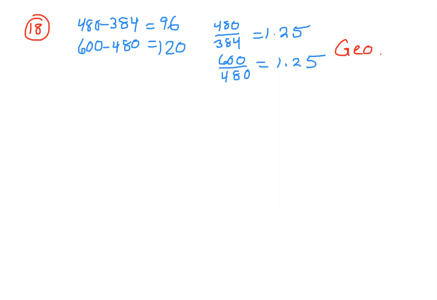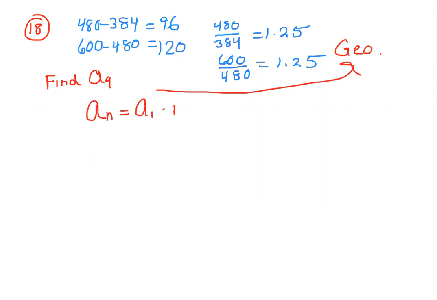So that's the first thing. It said decide if it's geometric or arithmetic, and then find the approximate number of points earned after 9 hours. So that means we don't want to add them all up. We don't want a total number of points. We just want to find a9. So since it is geometric, we're going to use this equation, and we're going to say A9 equals the first term, which is 384, times r, which is 1.25, to the 9 minus 1.